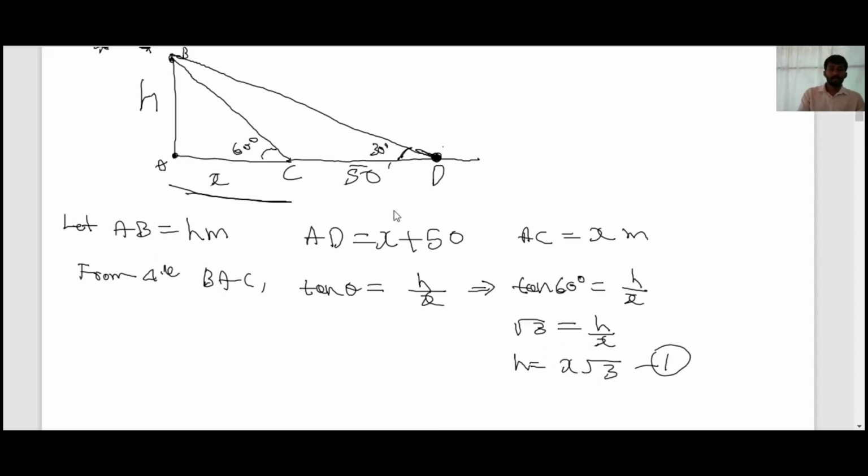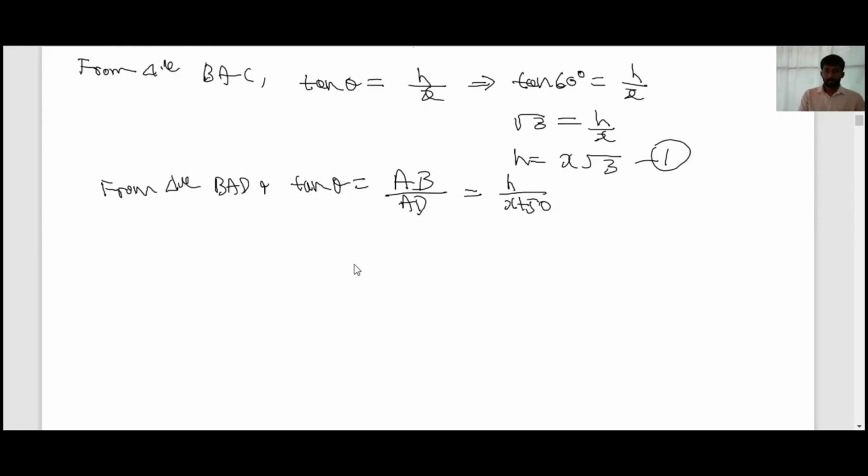What's the second triangle you can see? That is BAD. Okay. From triangle BAD, again you can use tan theta, right? Why tan theta? Opposite length is there as well as adjacent length is there. Tan theta is equal to AB divided by AD. AB is equal to h, AD is equal to x plus 50.